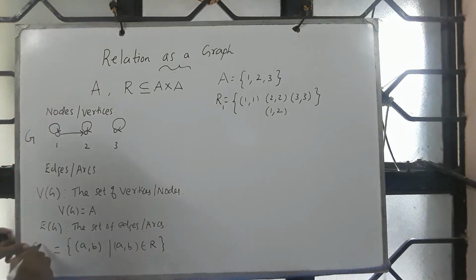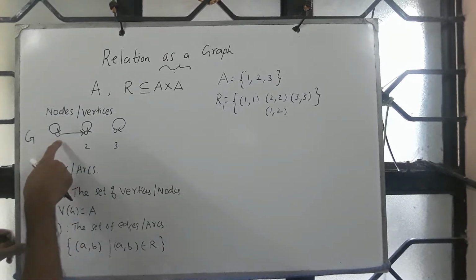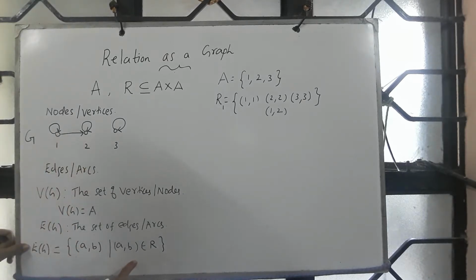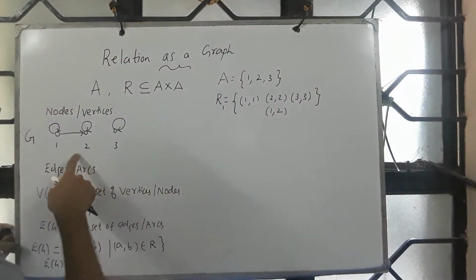So E of G is the set of edges. For (a, b), you see an arc from a to b if (a, b) belongs to R. So E of G is precisely R. For every pair there is an edge here.